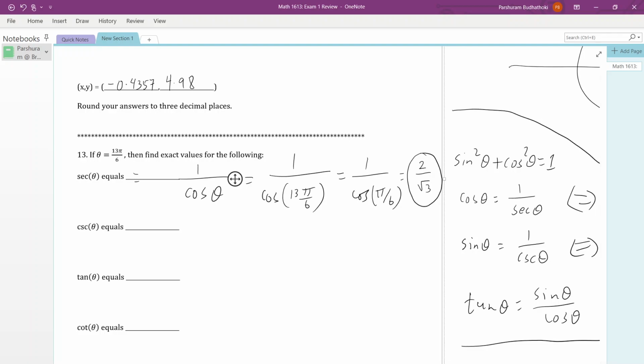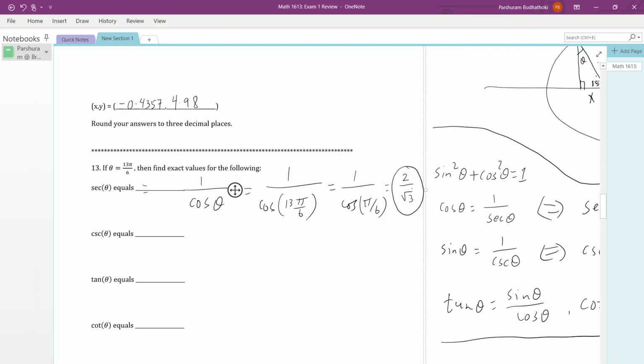So here you don't have to write down the exact answer. You can just use 1 over cosine 13 pi over 6, use the calculator and it will give you the answer. If you want it in decimal form, the answer would be 1.1547.